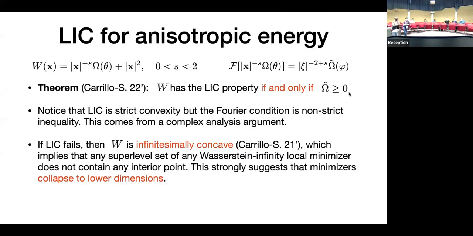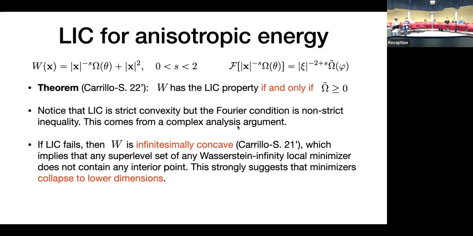So actually, this issue comes from some argument using complex analysis, because in the LIC property, we always deal with compactly supported probability measures. And if you take the Fourier transform of that, you get some function which is actually a holomorphic function in the Fourier variable.